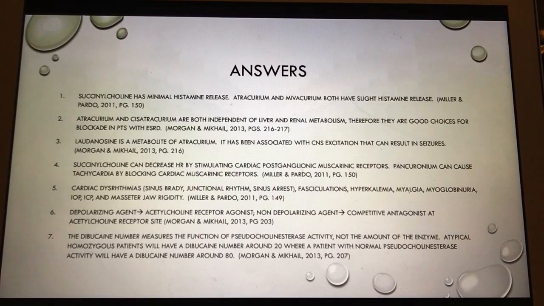The dibucaine number, like we discussed with your homozygous atypical pseudocholinesterase patients, patients with atypical homozygous, you're going to have a number around 20, and normal patients without pseudocholinesterase deficiencies, you'll see a dibucaine number around 80.